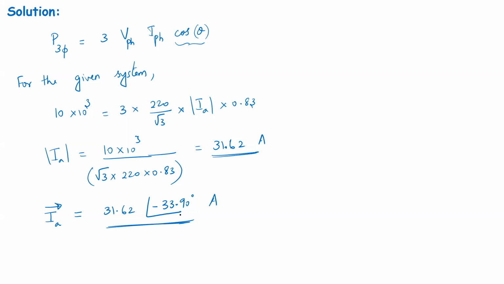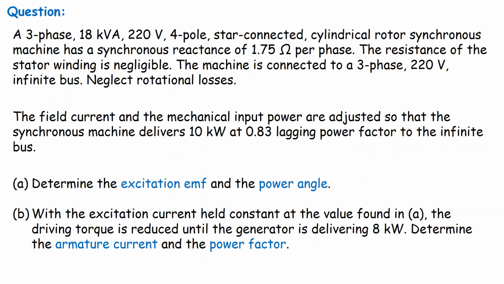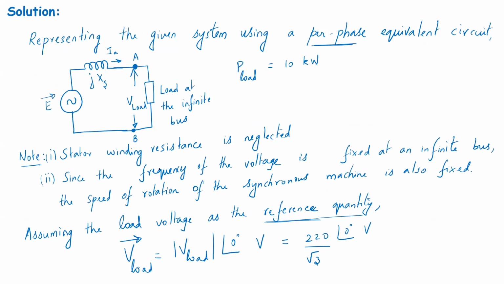It's very important that you do this analysis this way. So let's go back a couple of steps. Once we know the question, we make sure that we represent the system using a per phase equivalent circuit diagram. Across the terminals A and B is the infinite bus, and because it's an infinite bus, the load voltage cannot change. It is fixed at a value.